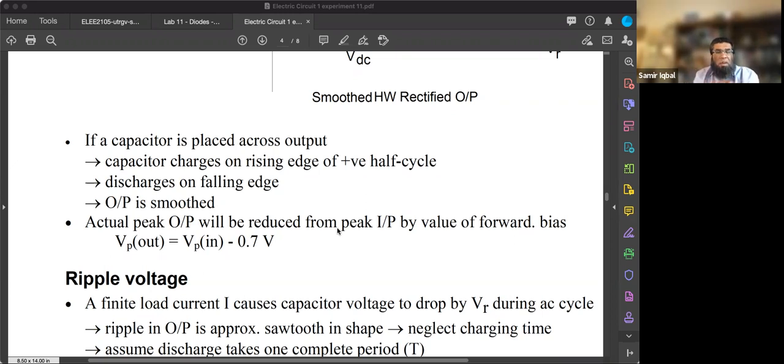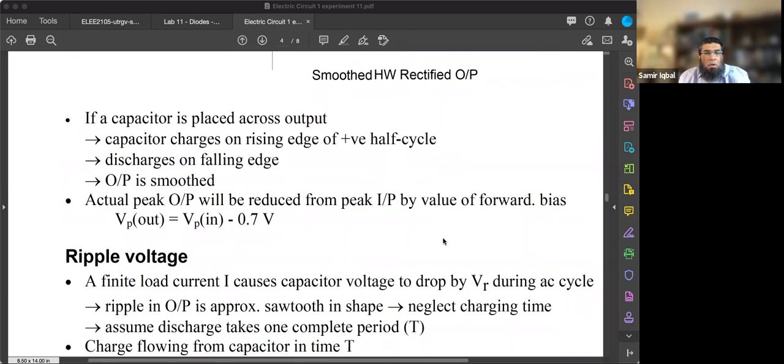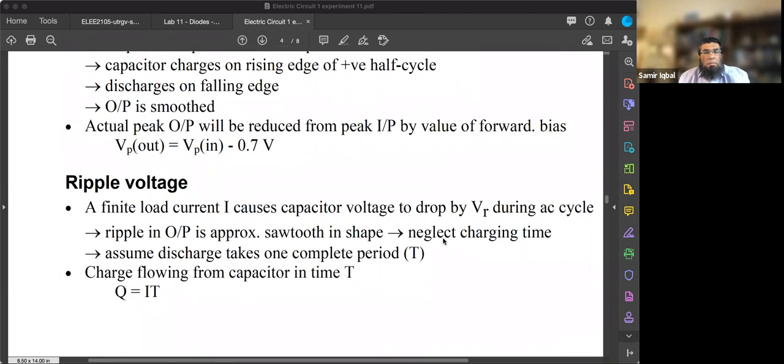So 0.5 to 0.7 volt gets used up, and whatever is left after that is the output voltage that we would get. So we subtract the break-in voltage for the diode to get the output voltage.